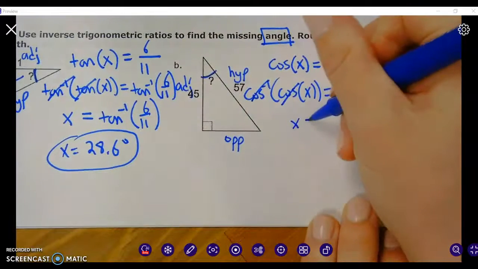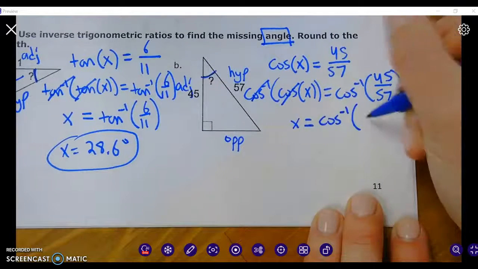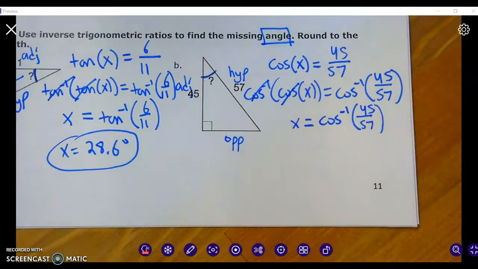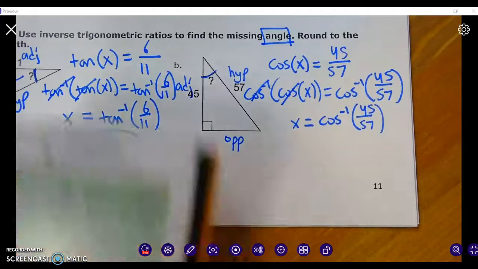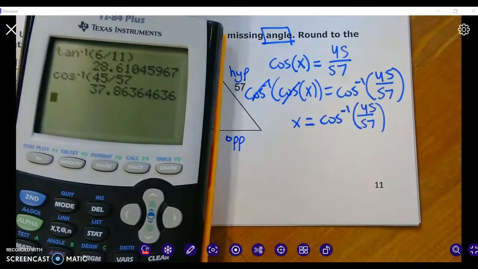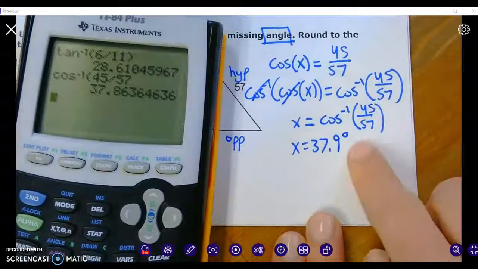So then you're left with x equals the inverse cosine of 45 over 57. Now our variable is by itself, so you're ready to use your calculator. Okay, so did you guys get this? 37.9? Okay, and this is an angle, so I always add my little degree symbol.